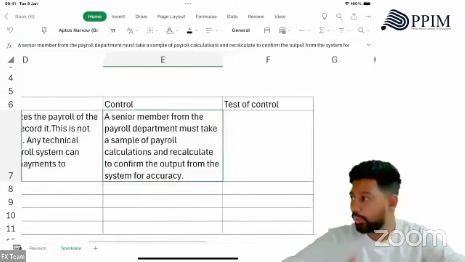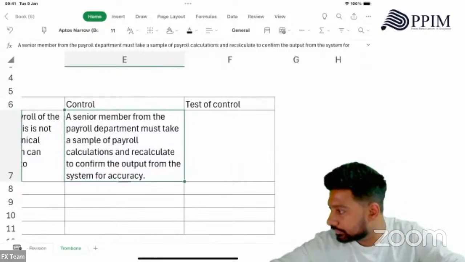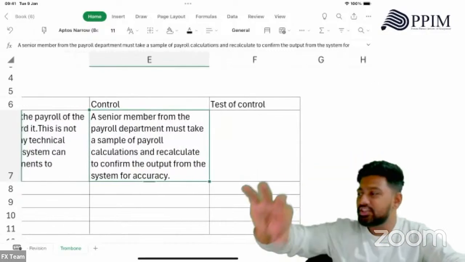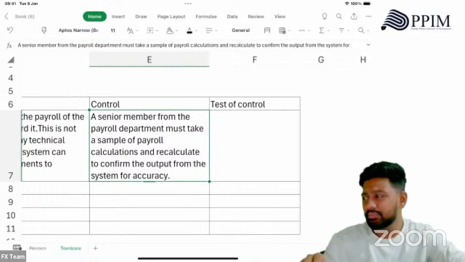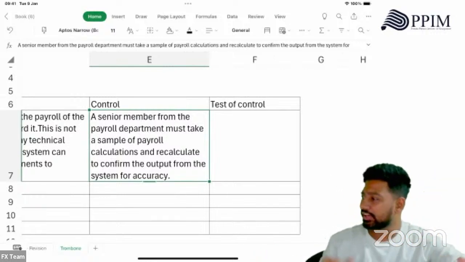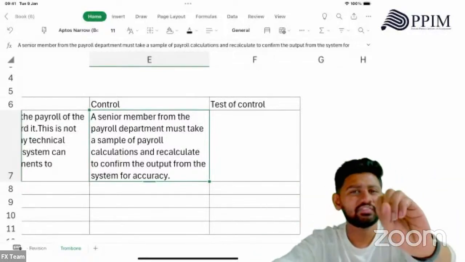Now, guys, always remember. Okay, Inchifa, brilliant answer. You come and tell me, a member of the payroll department recalculates the gross and net pay from a sample of employees to confirm whether it's correct or not.